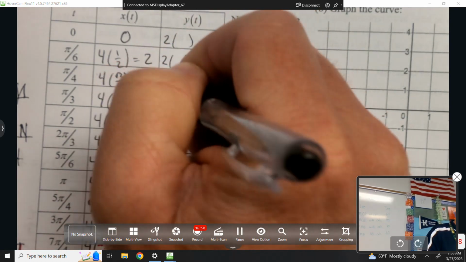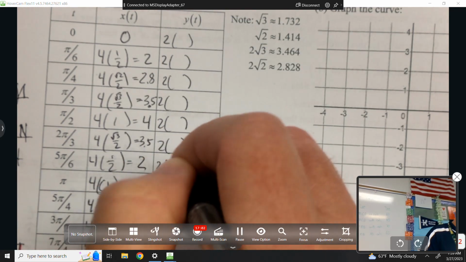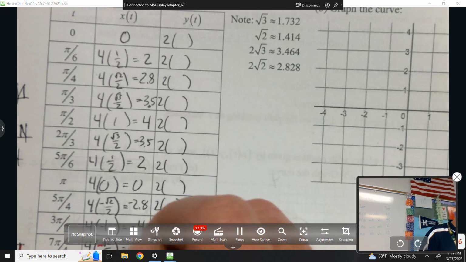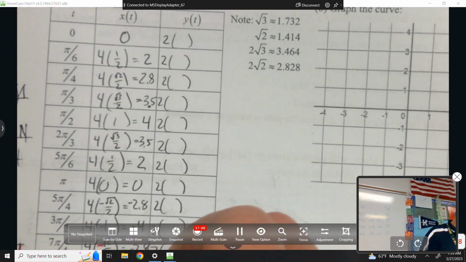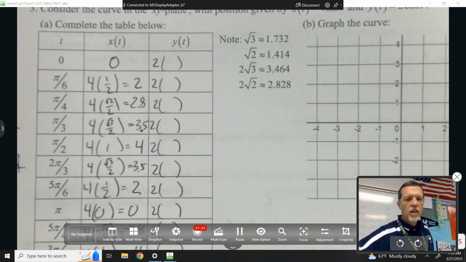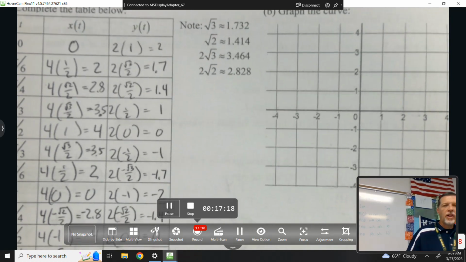2 times cosine of all those things. Trying to be more efficient here and just write out the 2 parentheses to start with. And then I need to find the cosine of all those values. So I'm going to hit pause. So there's all the values for cosine.